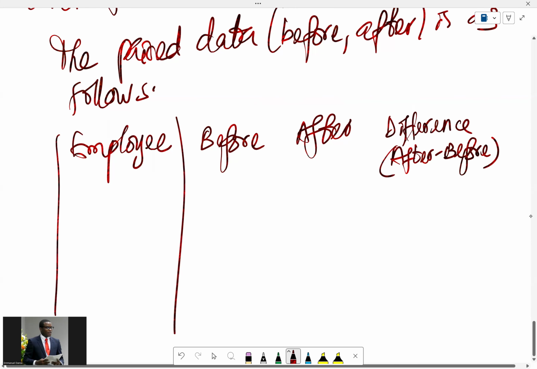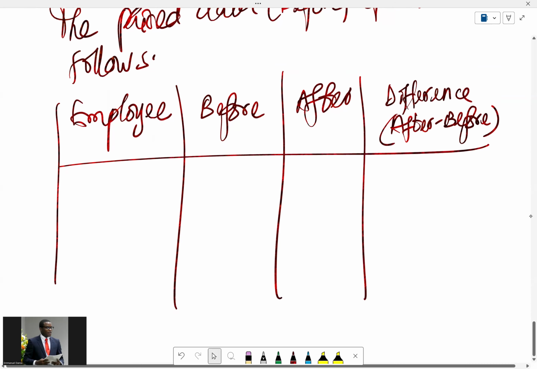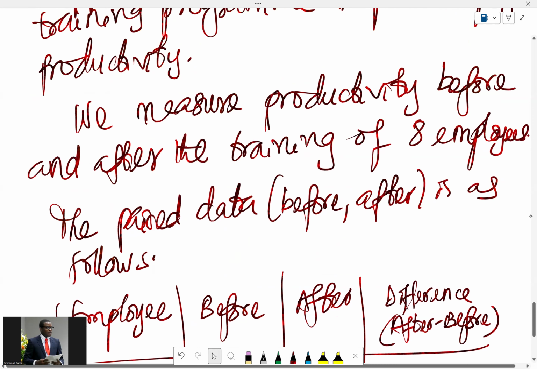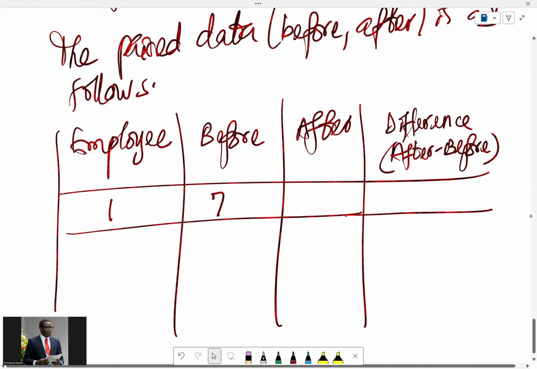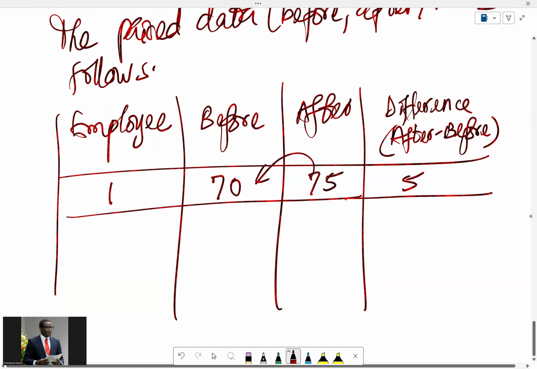So the first employee, the performance score, the productivity before is 70. The productivity after is 75. The 75 minus 70, it goes that way. That's 5. That's positive, right?